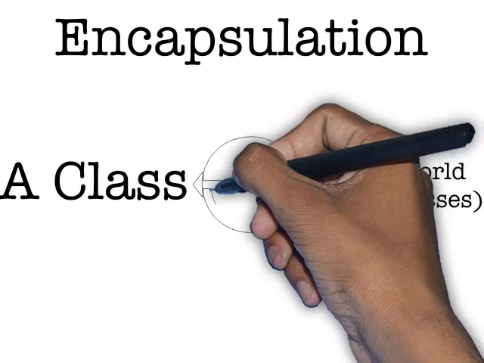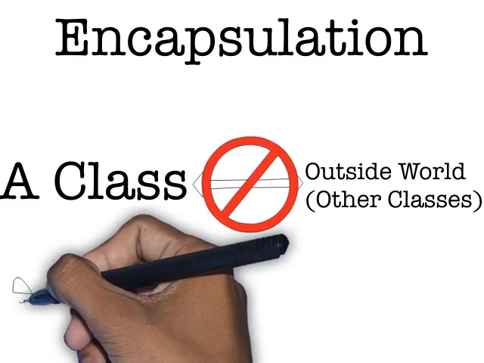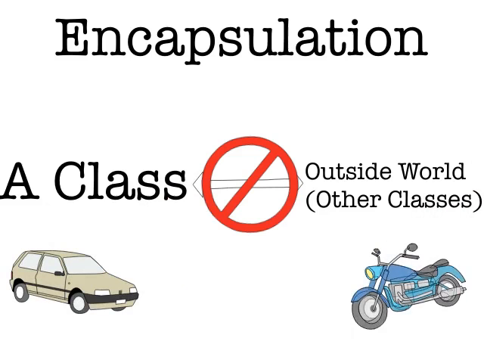As a programmer, you can decide which attributes and behaviors of a class are hidden or visible to other classes. Let's tie this back to our prior example of our car dealership software. We have a car class and a motorcycle class that inherit from the vehicle class. The motorcycle and car class each have attributes that can be hidden from one another via encapsulation.